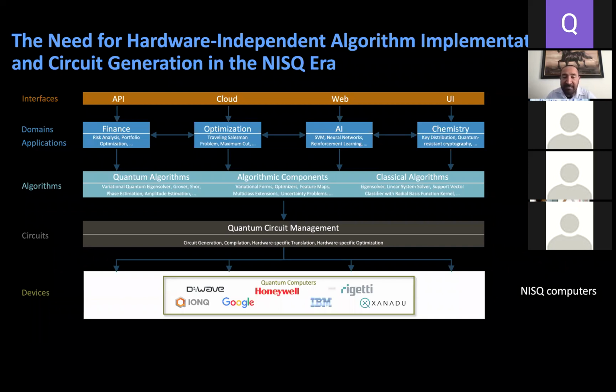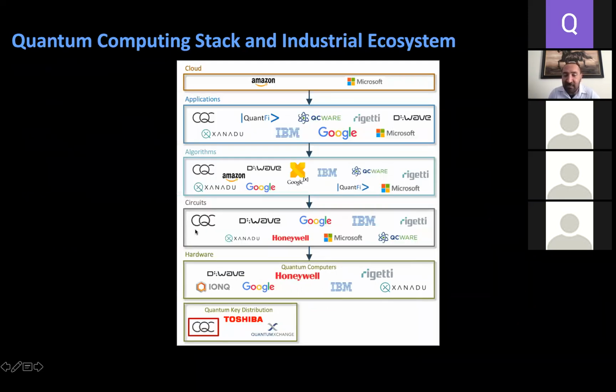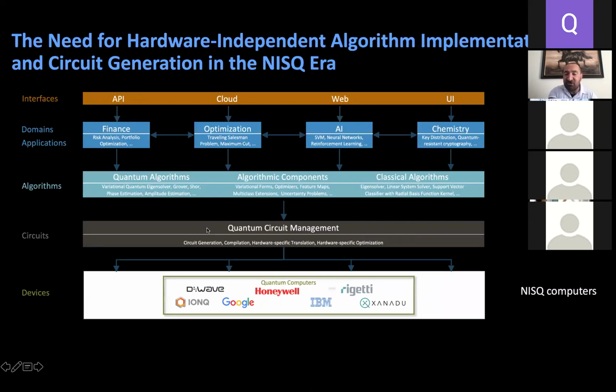So ideally, we should adopt a policy in which we write an algorithm regardless of the underlying computer, and then we can switch from one computer to the other and execute our algorithms on different hardware. There are some companies that are already providing this type of flexibility. For example, if you allow me to go back to the previous slide, CQC, here called Cambridge Quantum Computing, is a company that gives you this flexibility to generate circuits for different hardware providers.